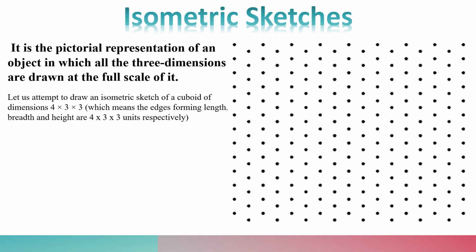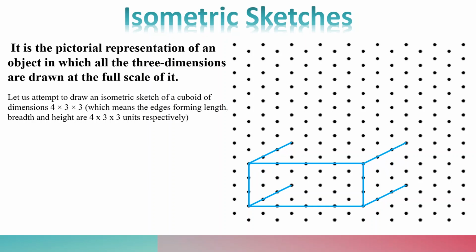To begin with, we draw a rectangle of length 4 and breadth 3 units. So here is the rectangle. You can see that the length is 4 units and the breadth is 3 units. After that, we draw 4 parallel segments of length 3 units. This is how it is: 3 units over here, 3 units over here, 3 units here and 3 units here.